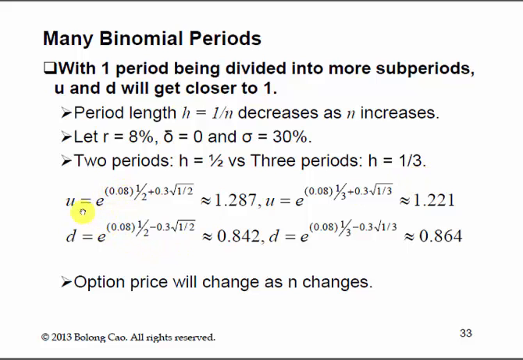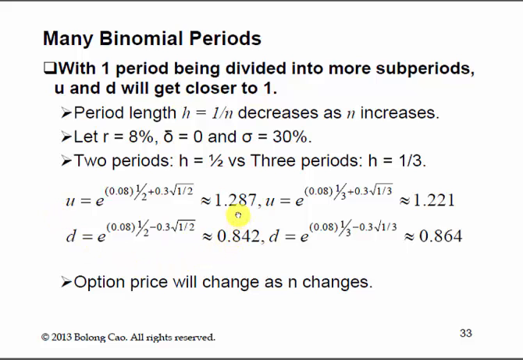Here, for 2 periods, the up proportion is 1.287. It's the 30% standard deviation times the square root of a half. The down proportion is 0.842.